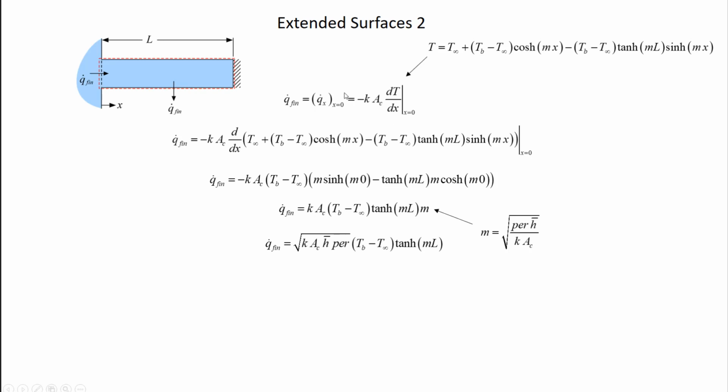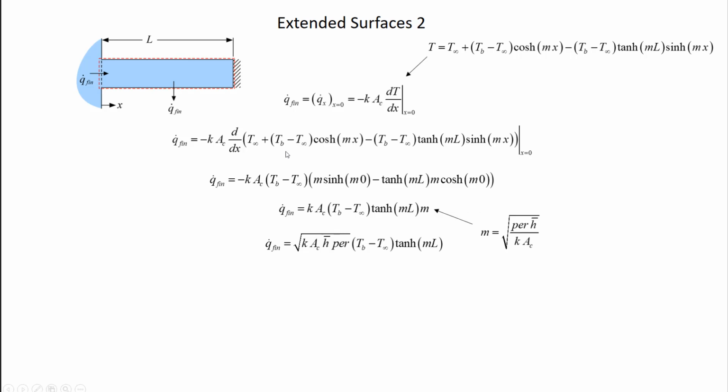Here's q dot fin evaluated using conduction at x equals 0. So I'm going to take this temperature distribution, plop it in here, take the derivative, and then evaluate that derivative at x equals 0. So here's taking the derivative. Let's see. The derivative of a constant is 0, so that goes away.